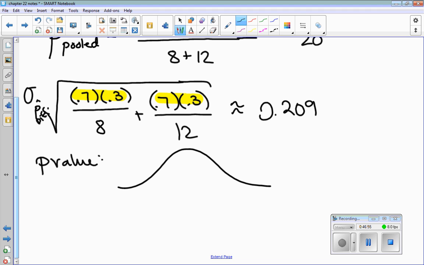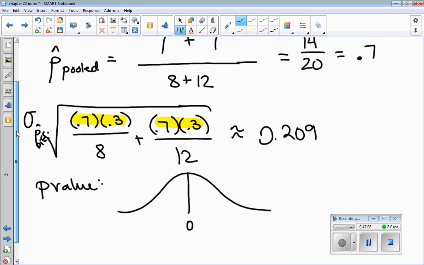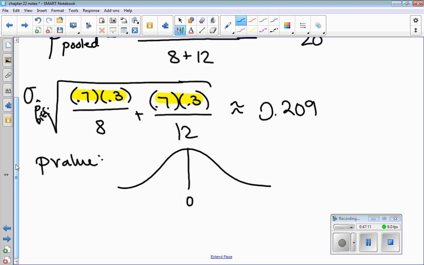What do we want the mean to be? 0. The difference is 0. Would you agree? Okay. What was the pooled difference, or the pooled p-hat? 0.7. We're trying to figure out males are greater.